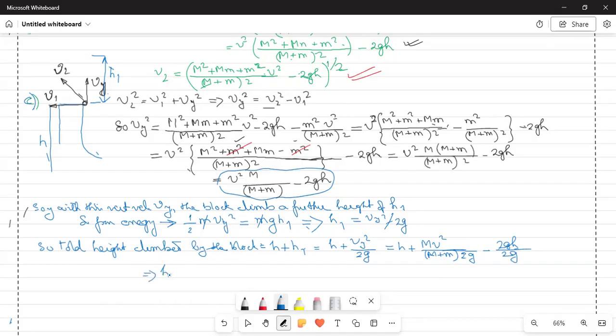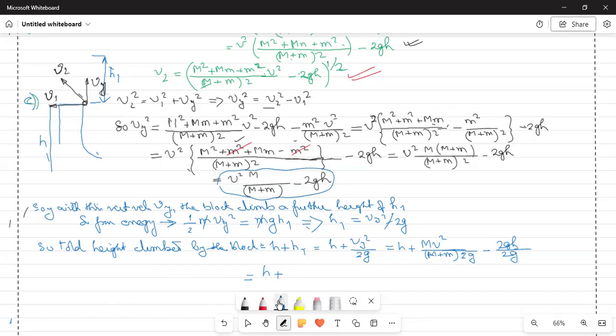So this is equal to h plus M V square by this.